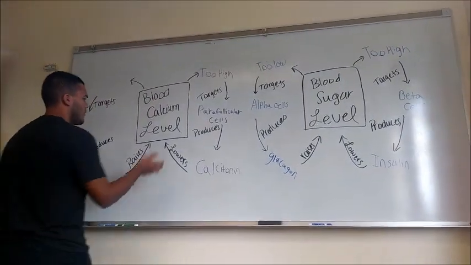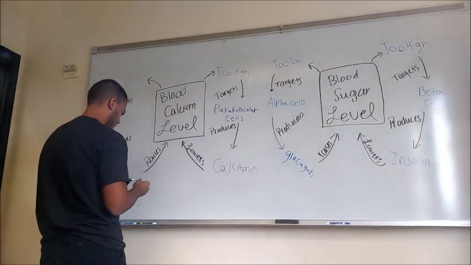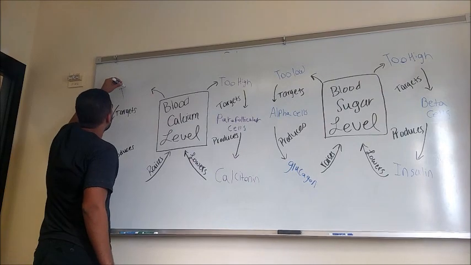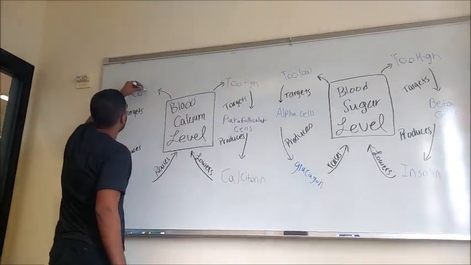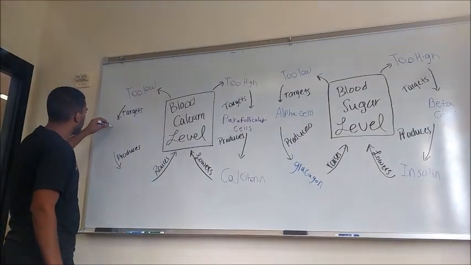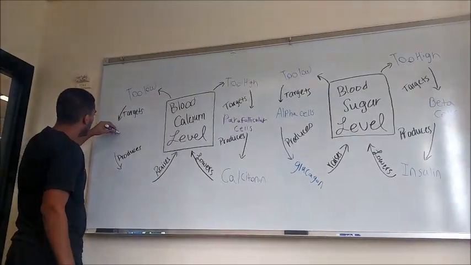And that calcitonin lowers your blood calcium level. And then, if your blood calcium level is too low, your body then targets the parathyroid gland.